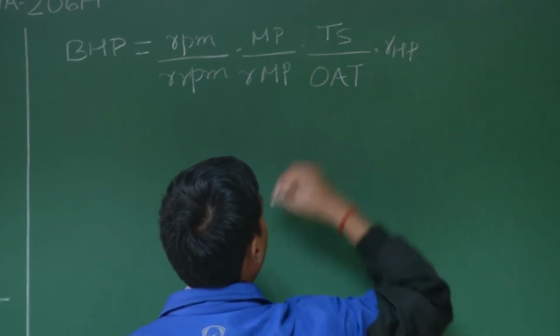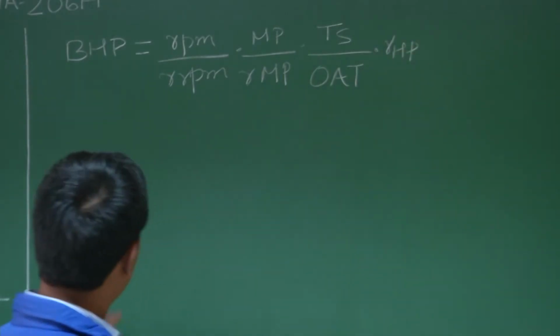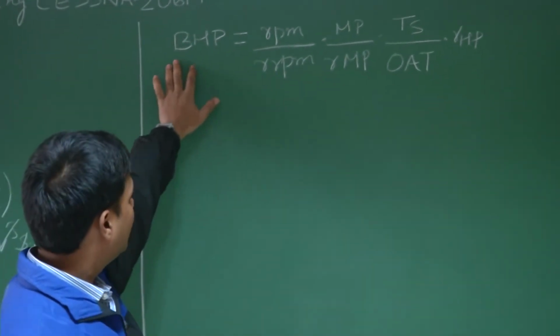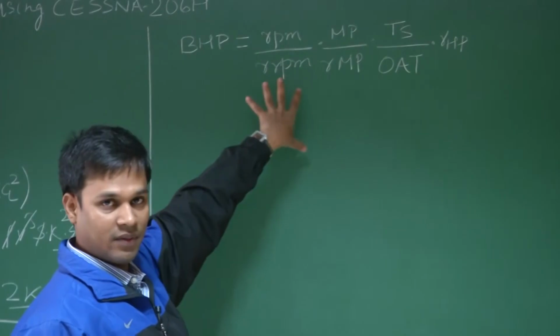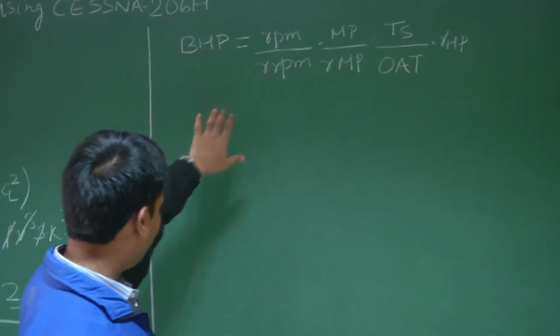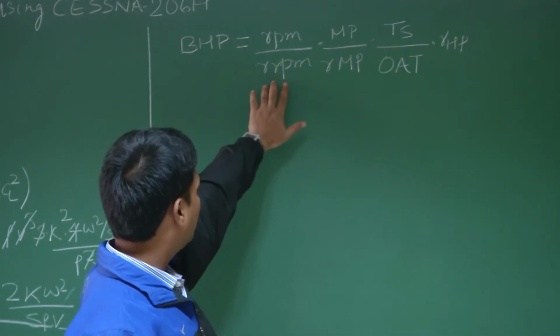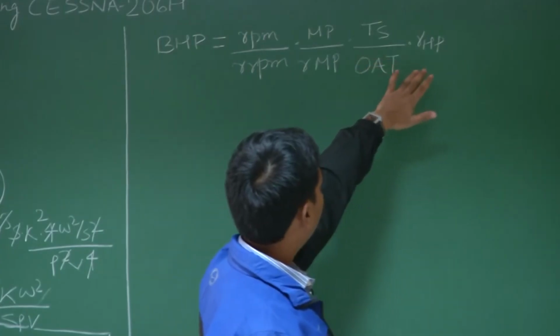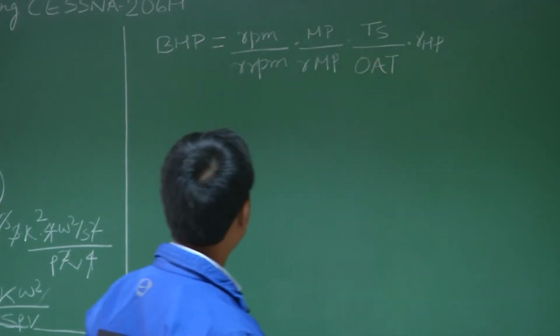If we want to calculate the BHP, then we need these variables. From the engine manufacturer, you will get specified values for rated RPM, rated manifold pressure, and rated HP, right?